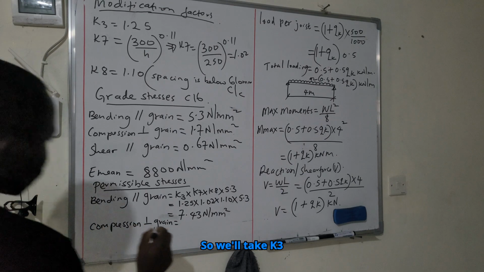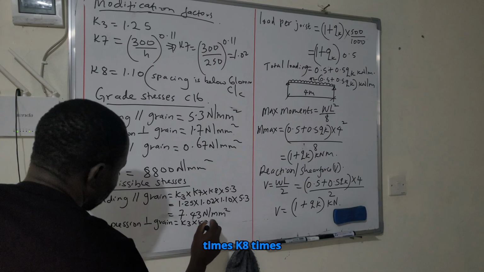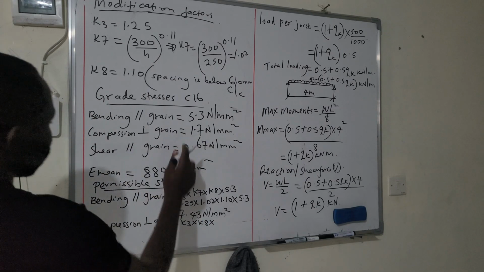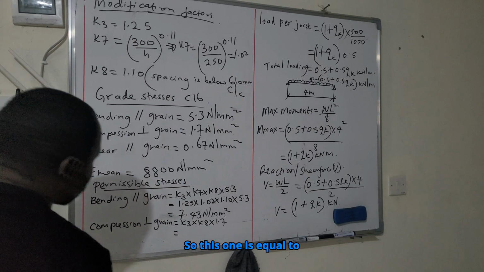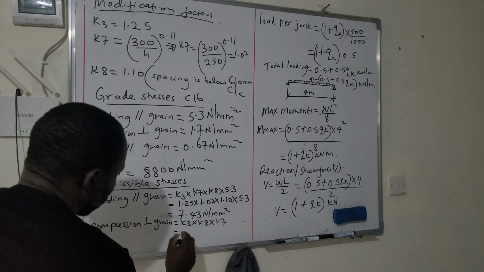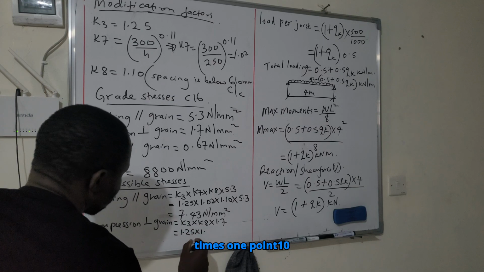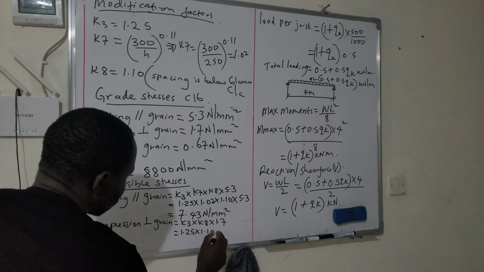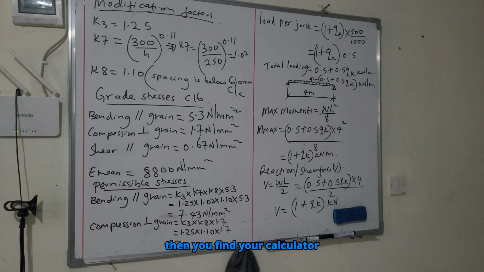So we'll take K3 times K8 times 1.7. So this one is equal to 1.25 times 1.10 times 1.7. Then you punch your calculator.